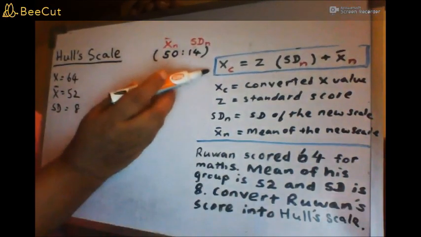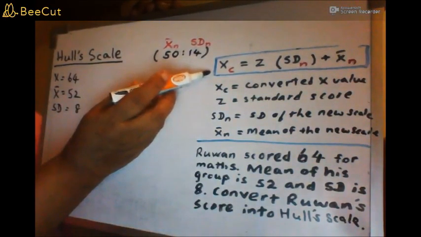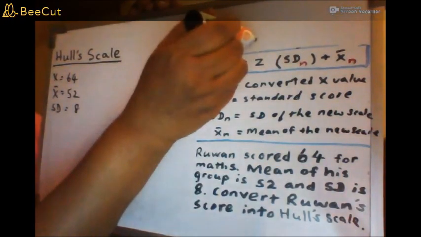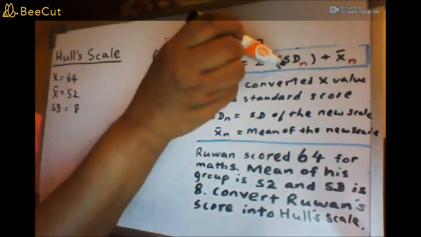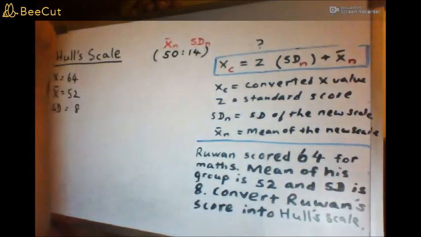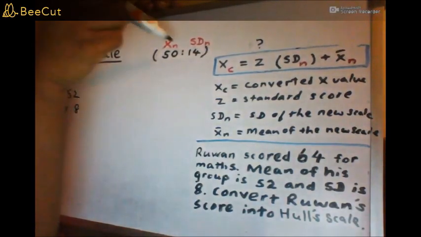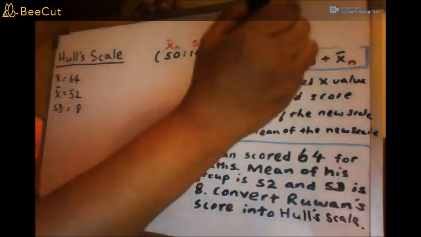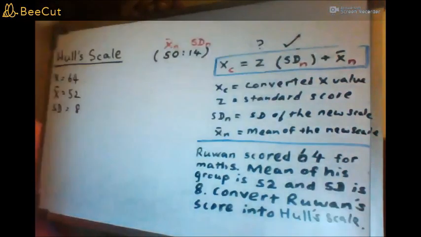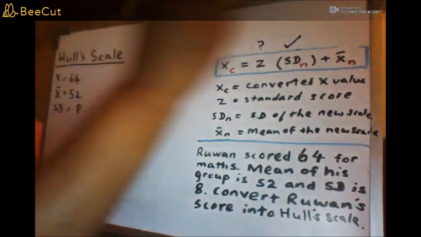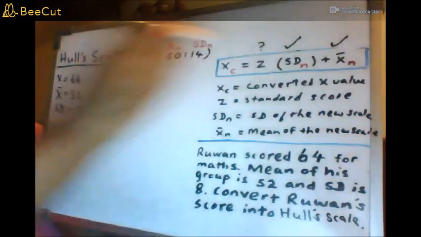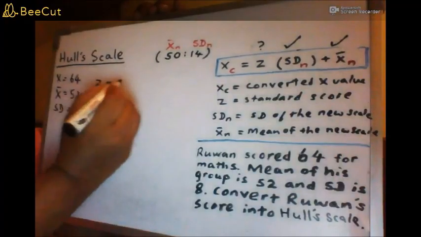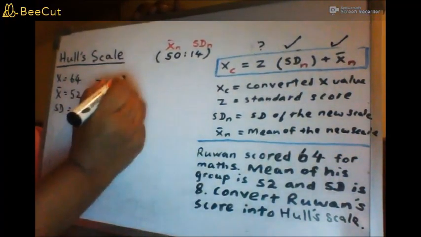Once again, the formula is this, and here also we don't know Z. Do we know the new standard deviation? Yes. Hull scale, it's 40. And new x bar, we know it's 50. So once again, we have to calculate the Z value. So Z equals the same value, x.